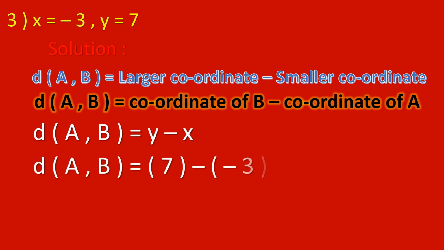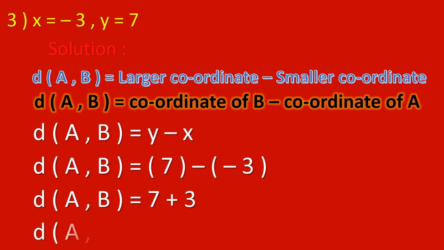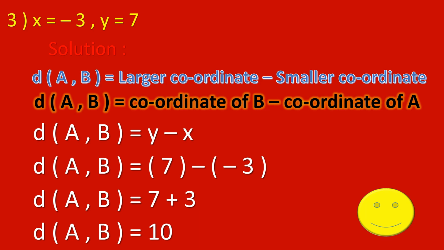Therefore, distance of AB is equal to y minus x. Y is 7 and x is minus 3. Therefore, distance of AB is equal to 7 minus of minus 3. Minus minus will become plus. So, distance AB is equal to 7 plus 3. 7 plus 3 is 10. Therefore, distance of AB is equal to 10.